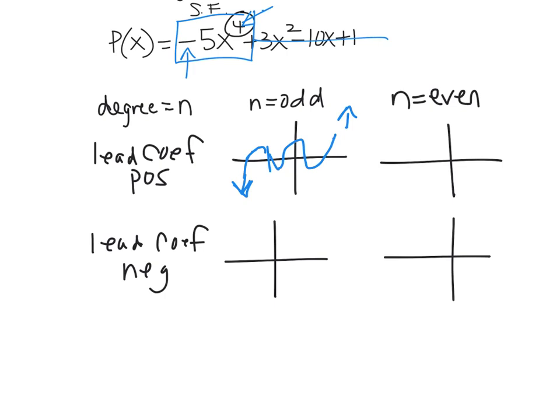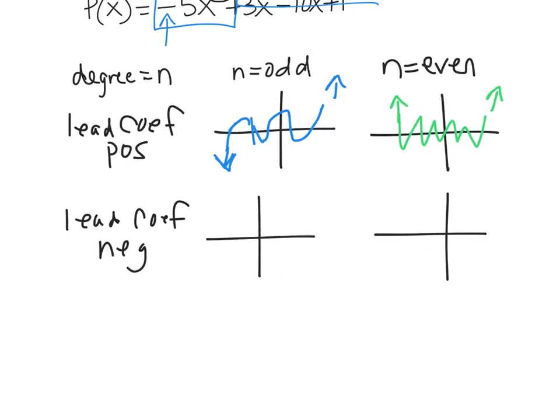Now, if it's an even function with a positive leading coefficient, think about a positive parabola. They will rise to the left and rise to the right. And then it might come through here a few times, depending on how big the even number is. If it's 6 or 8, it could have 10 zeros. Zeros pass through the x-axis.